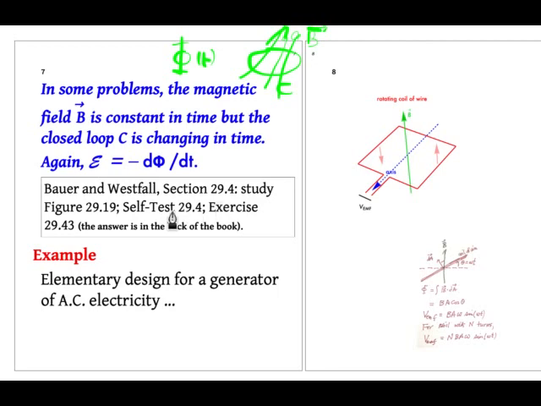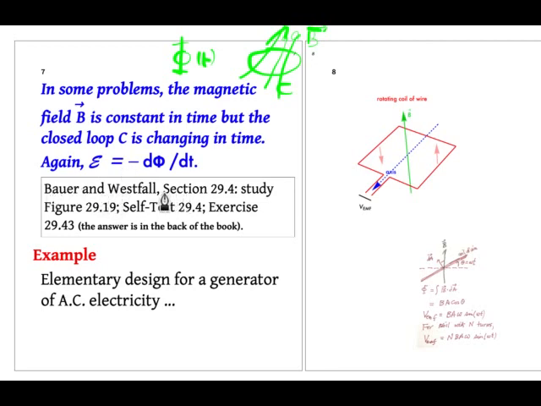And there's an exercise at the end of the chapter, exercise 29.43, which has to do with exactly this problem of a generator of AC electricity. Not a realistic, modern engineering design, but just the kind of rudimentary design principle of the simplest and earliest electric generators to be invented.